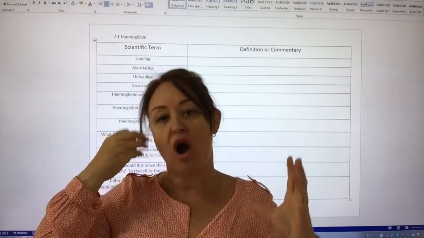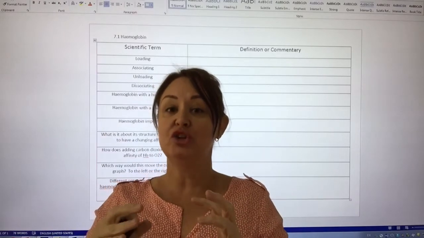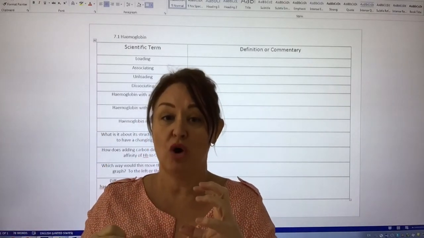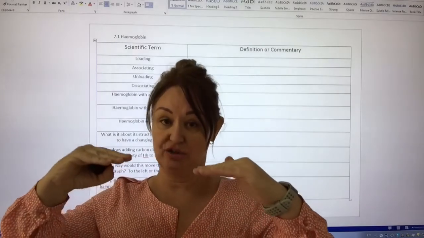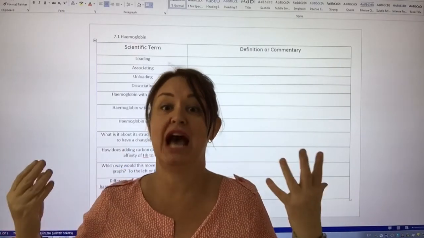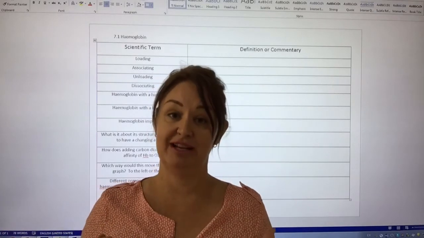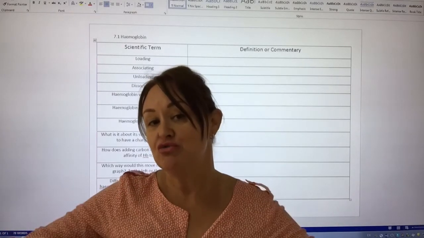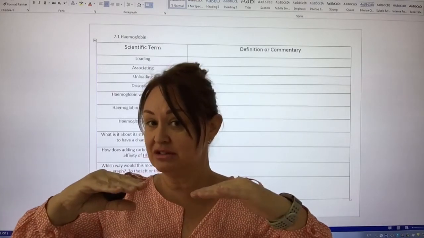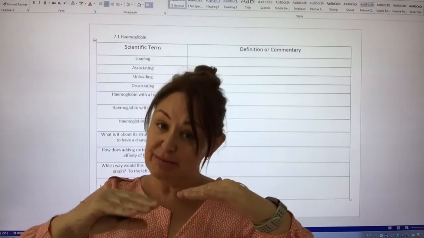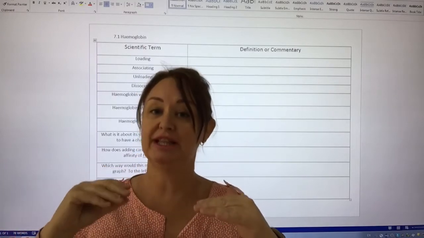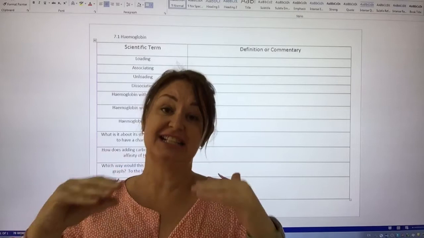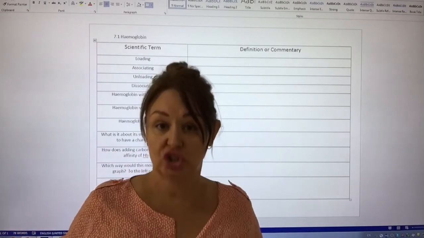If you are at respiring cells and you want your hemoglobin to dump your oxygen, one way of doing that is by increasing the levels of carbon dioxide, because that is what would happen if the cells were actively respiring. So when you raise carbon dioxide levels, hemoglobin has less affinity for oxygen, so it's more likely to dump it.